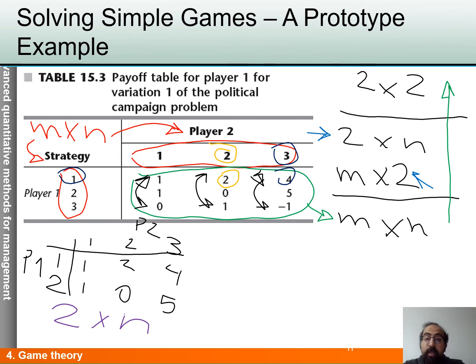Now I need to find other dominant strategies. Before going forward, I tell you, guys, if you find a dominant strategy from player 2 or player 1, there is no priority. You can find it from wherever you want, from player 2 or from player 1.